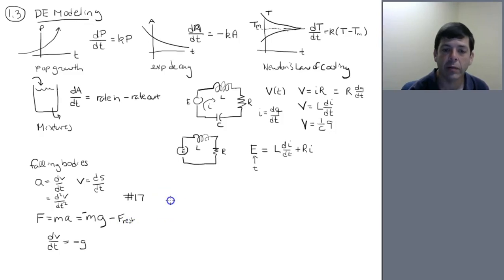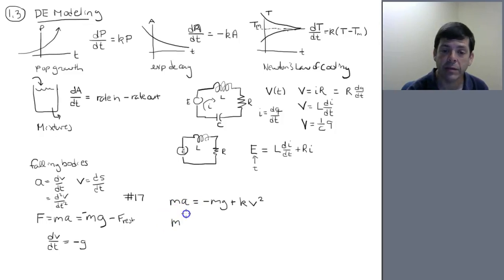So we're going to have that ma is going to be equal to minus mg plus, and then they said a force proportional to the square of the velocity. Proportional to means a constant times the square of the velocity, so it would become kv squared. So now if I were to get the a in terms of v, we have a first order differential equation.